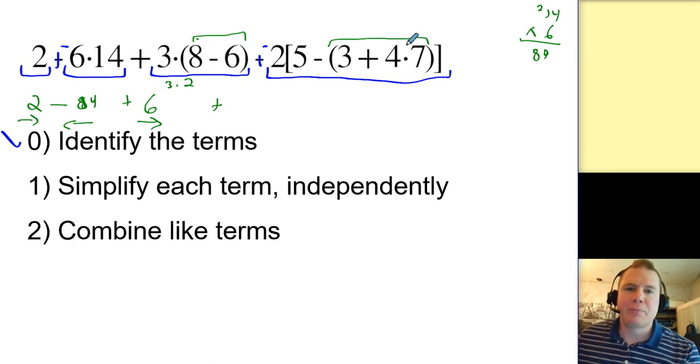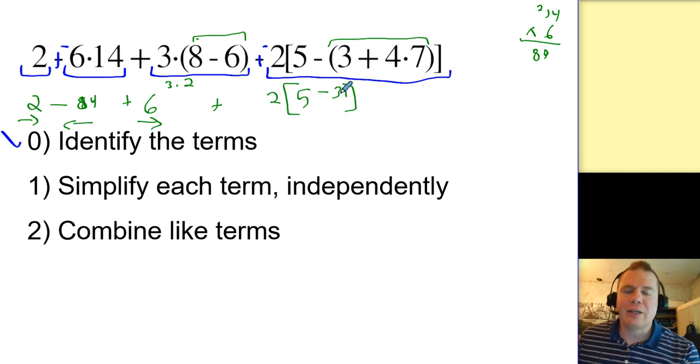So inside the parentheses, I have 2 terms within these parentheses. So simplify this term first. 4 times 7 is 28. 28 plus 3 is 29, 30, 31. So this is really showing me 5 minus 31.